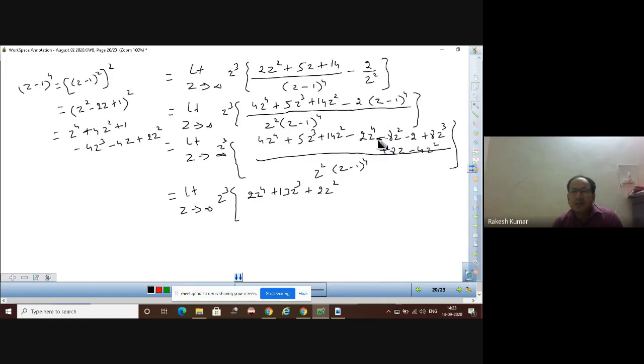So these terms have been cancelled out. Ultimately, you are left with 8z minus 2 over z square into z minus 1 raised to power 4. Now, you just need to make the adjustment of the terms, limit z approaches to infinity.